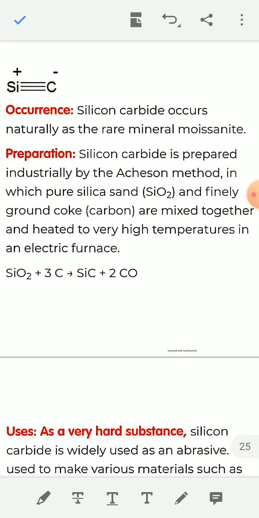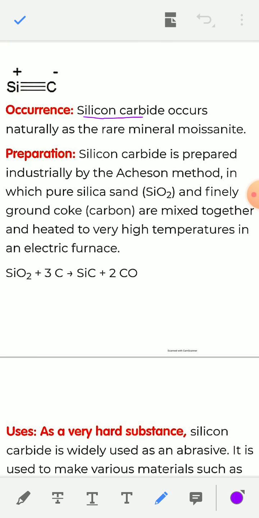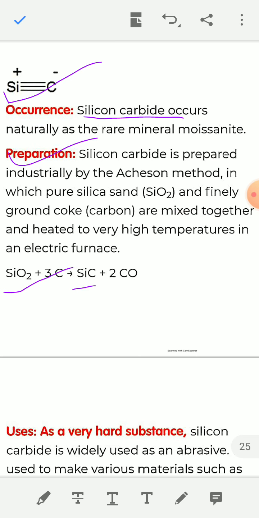The next compound is silicon carbide, SiC. Preparation of silicon carbide from silica SiO2: silicon carbide is prepared industrially by the Acheson method, in which pure silica and finely ground coke are mixed together and heated to a very high temperature in an electric furnace, and the reaction is SiO2 plus 3C gives SiC, silicon carbide, plus 2CO.